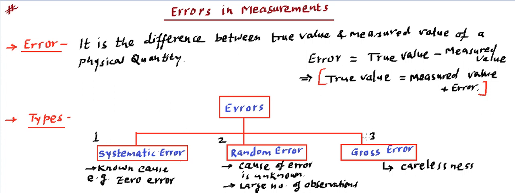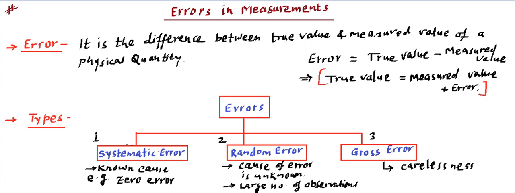So this third type is minimized by focus and carefulness. The second type we can minimize by taking a large number of observations. The first we can minimize by finding out the cause and then appropriately making the corrections.